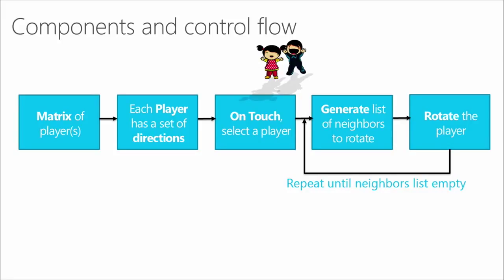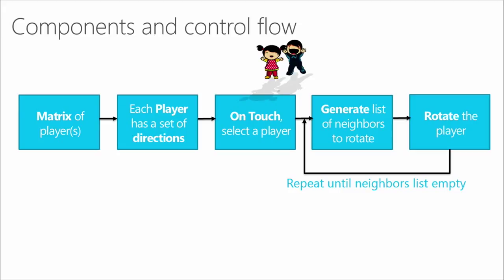So what's the nature of this game? Let's just use a little flow diagram to describe it. It actually has a matrix of players. Each player has a set of 4 directions: north, south, east, and west, right? That's how you rotate 90 degrees. And it's a touch-enabled game, so you touch every player.